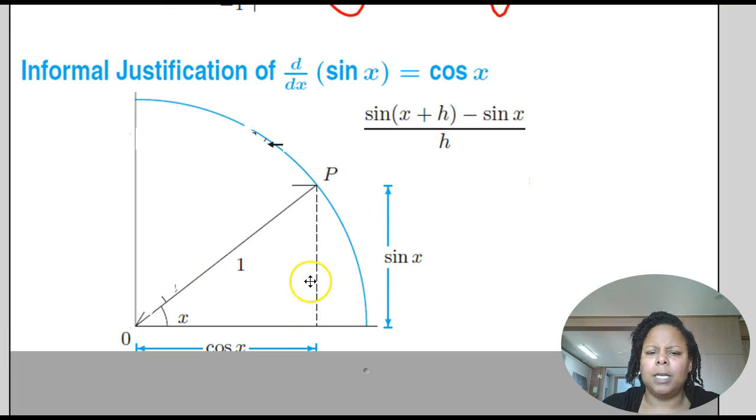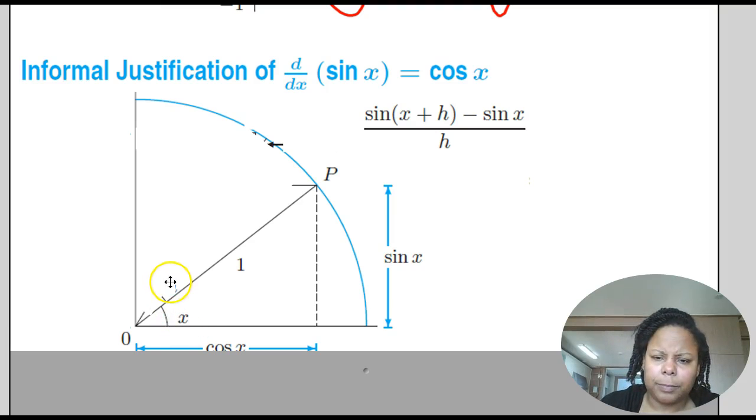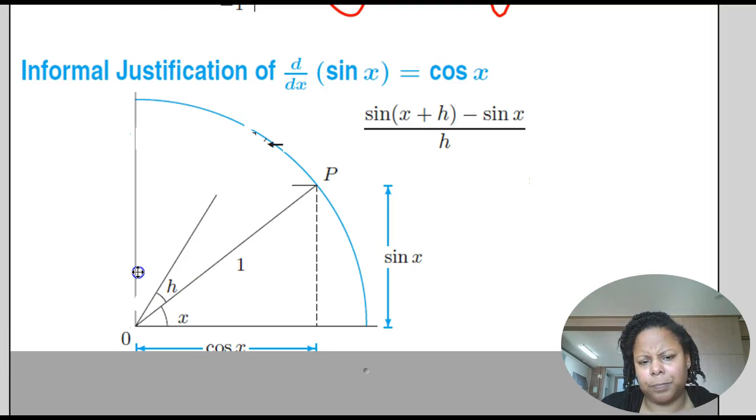Okay, so let's take a look at the difference quotient, sine of x plus h minus sine of x all over h. Well, here's x. Remember, the x we're going to talk about is in radians. And so x plus h would be just a little higher point right over here.